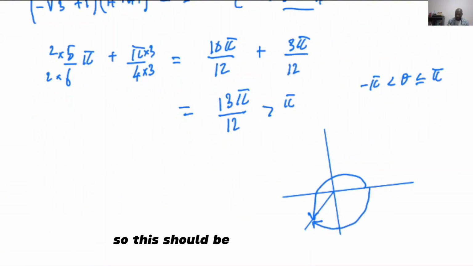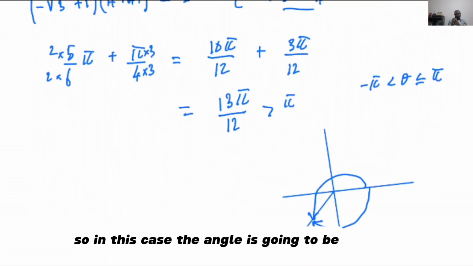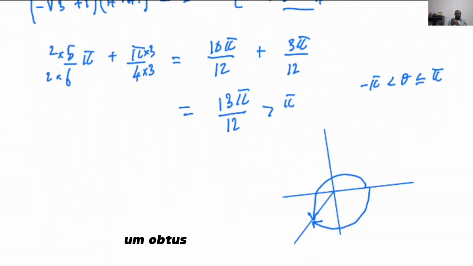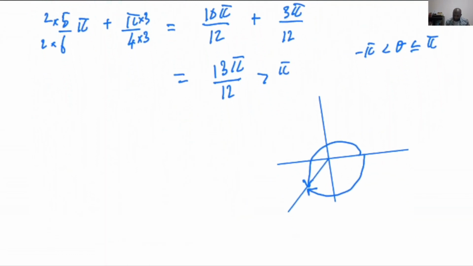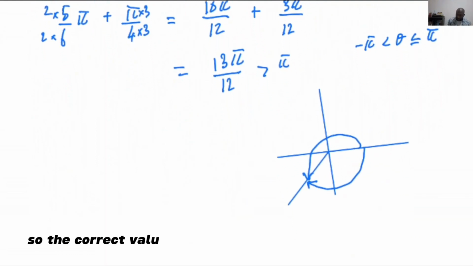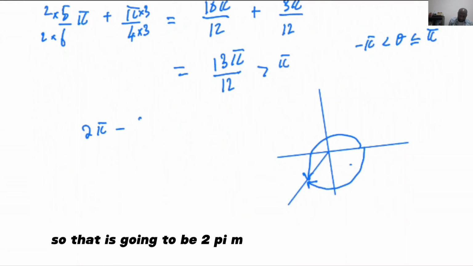So this should be the angle. In this case, the angle is going to be obtuse and negative. So the correct value right here should be this angle. That is going to be 2 pi minus 13 pi over 12.